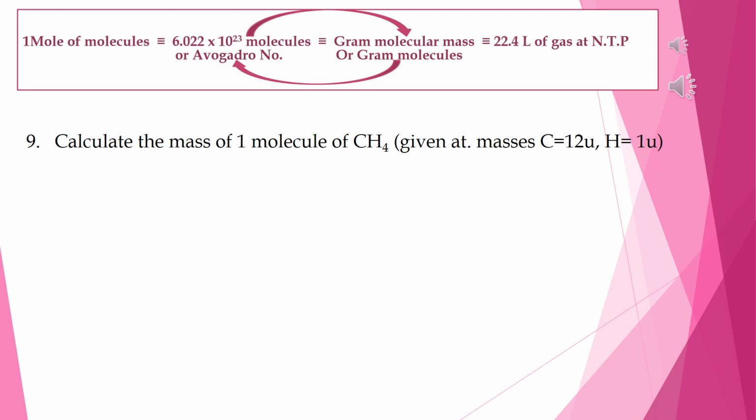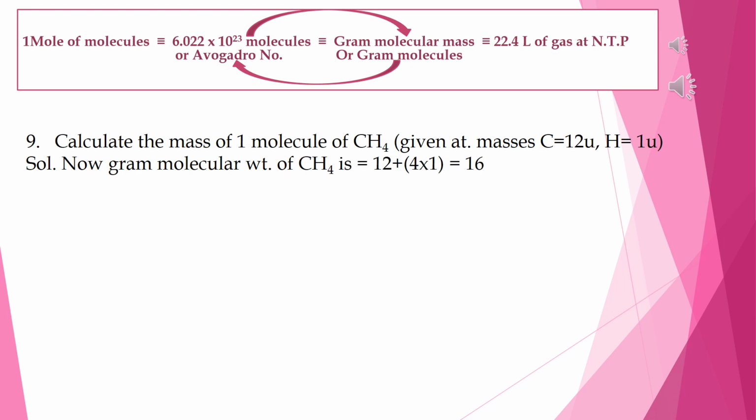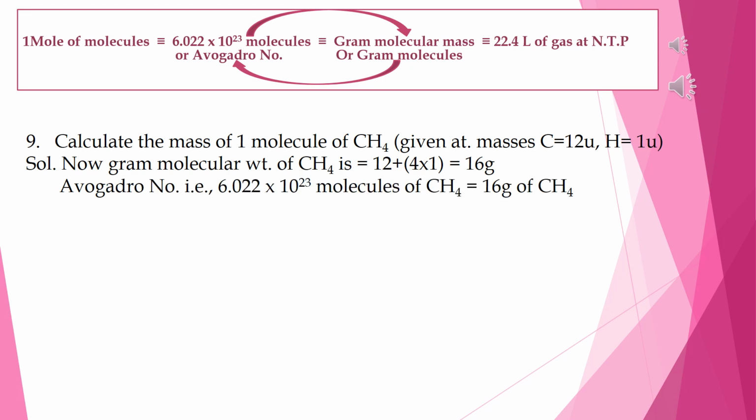Atomic masses of carbon and hydrogen are given. First we have to find out the gram molecular weight of methane, which comes out to be 16 gram. According to the relation, the Avogadro number of molecules of methane is equal to its gram molecular mass, that is 16 gram.